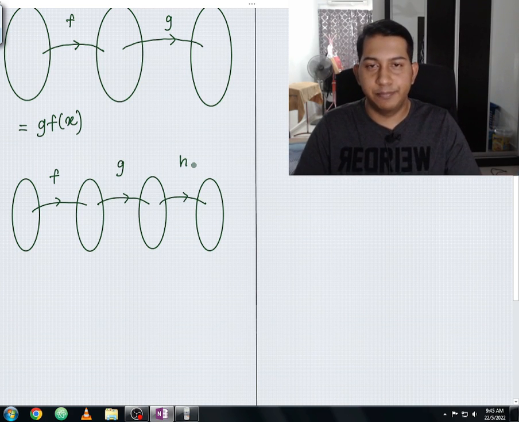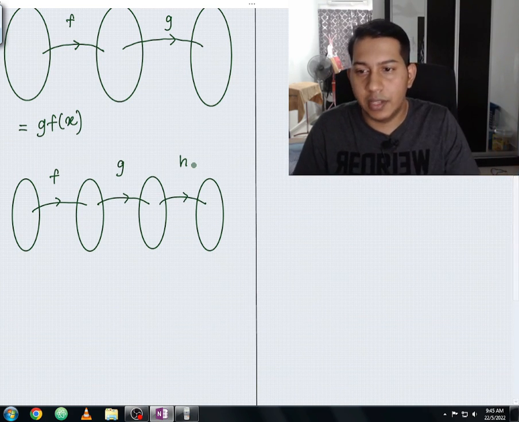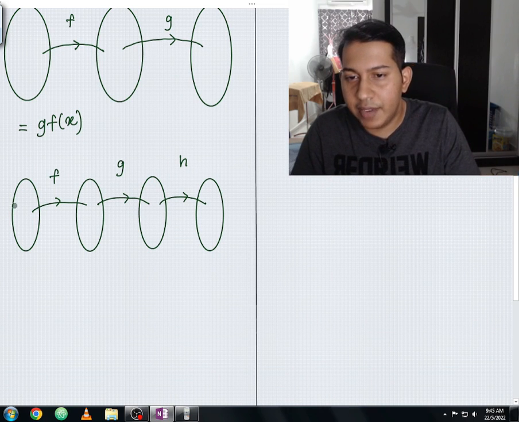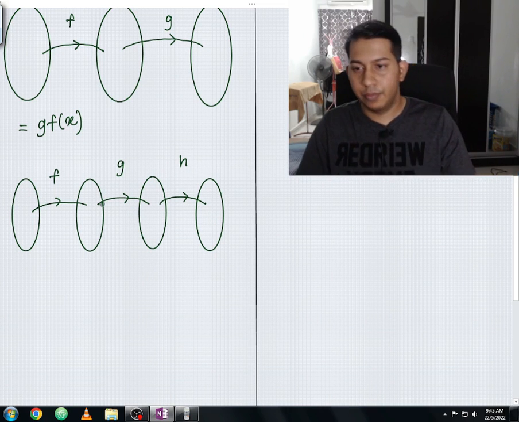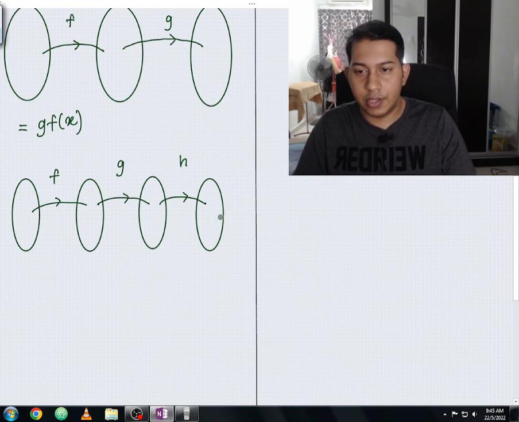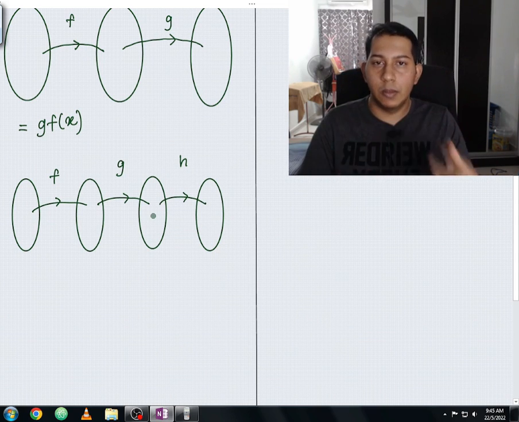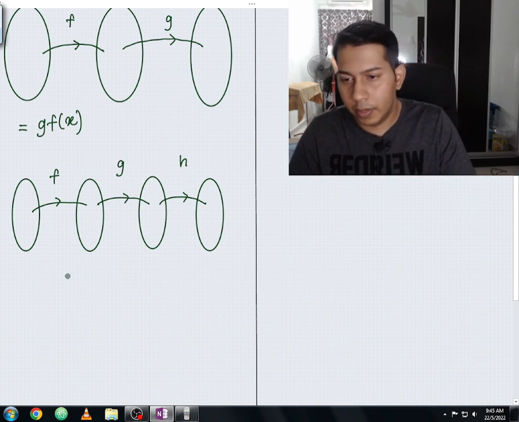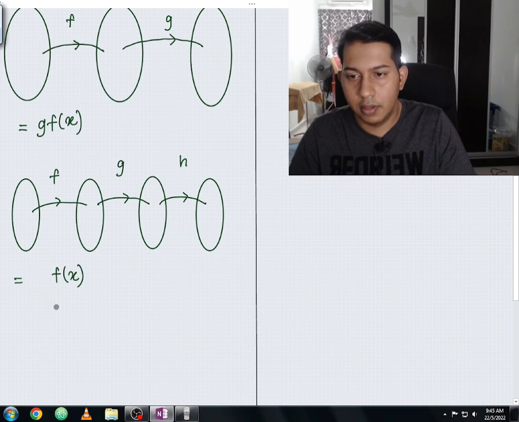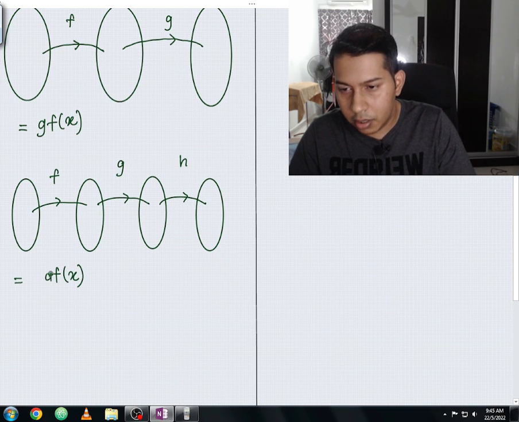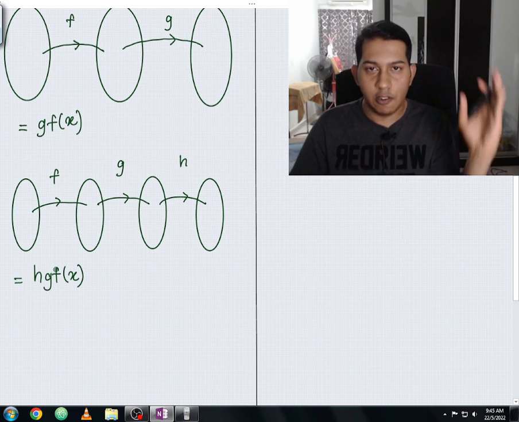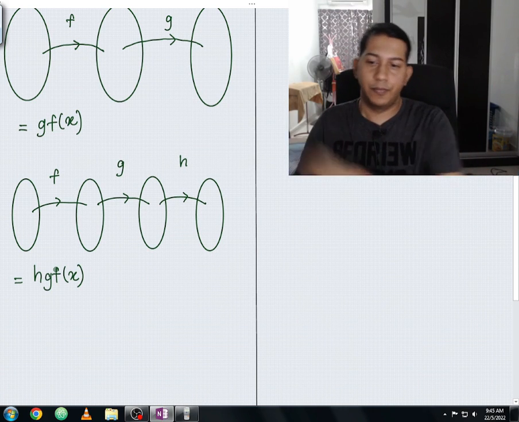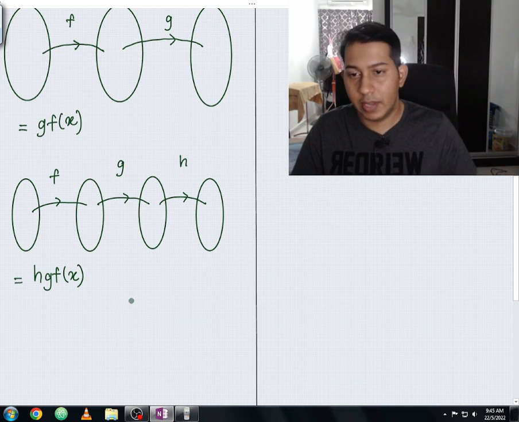Let's say the question asks you to form a composite function where it maps function f directly to the function h. From here you straightly connect to h. So how will the composite function look like? It will be f(x), followed by g, and then h. It will be in a reverse direction. Let me repeat again.